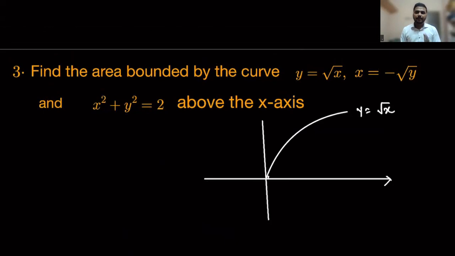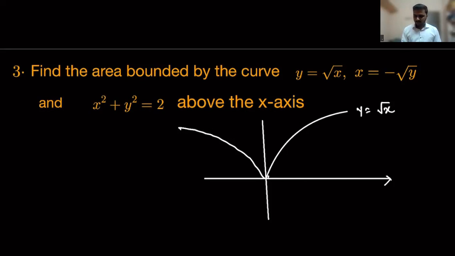This is the graph of x is equal to minus root y. Obviously, both are symmetrical curves.